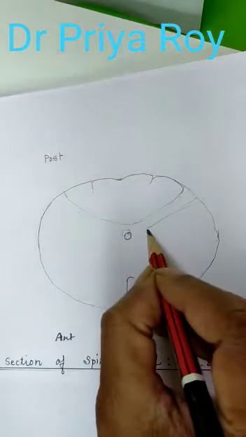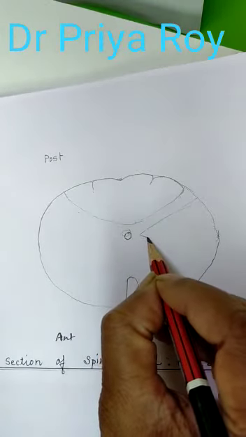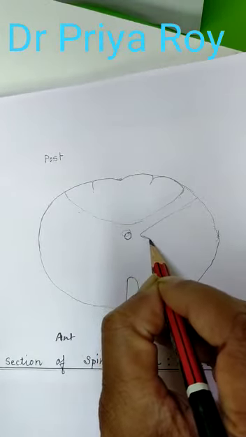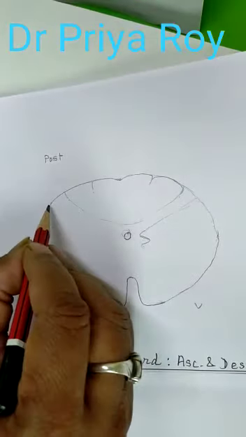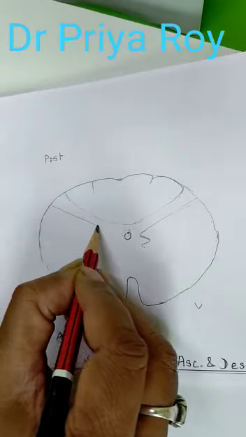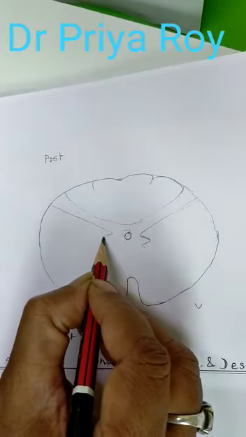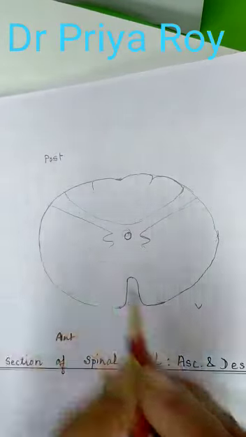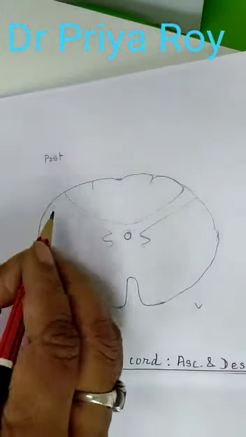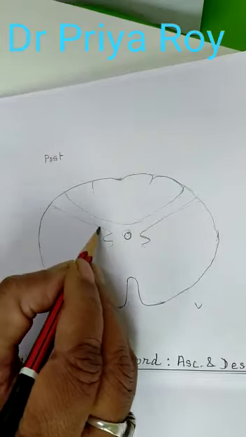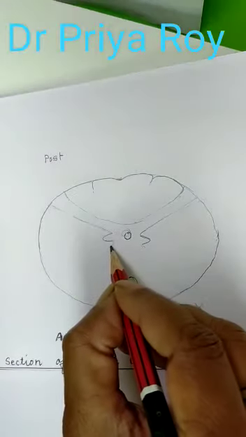It is just an effort to draw it symmetrically. I put a dot to show the lateral horn, and this side also I will make it like this. A dot to show a hazy line, not a very straight line.